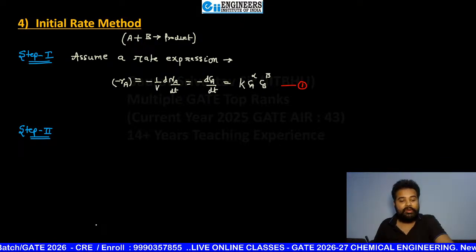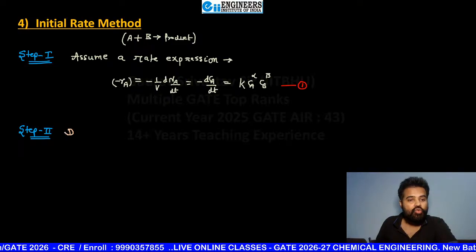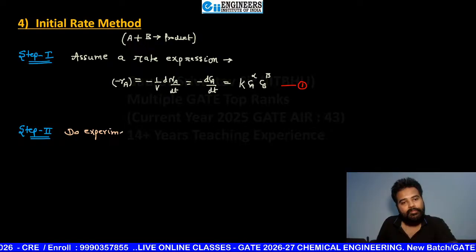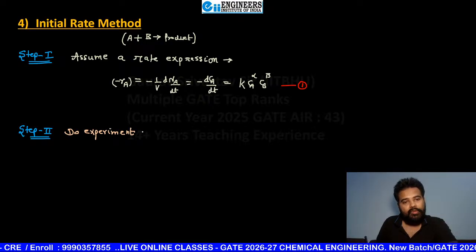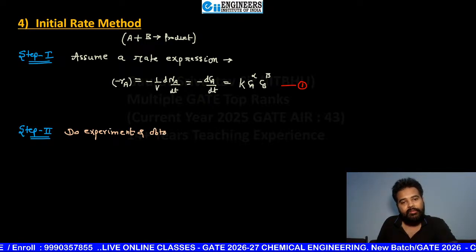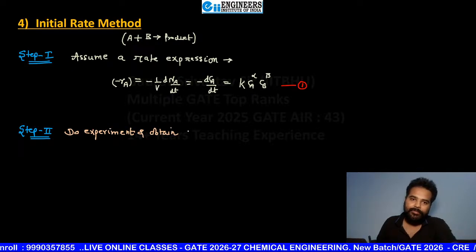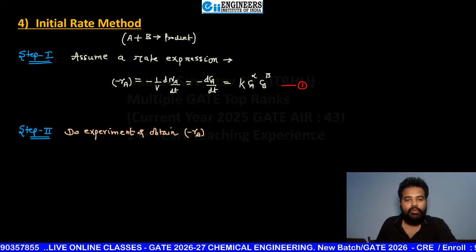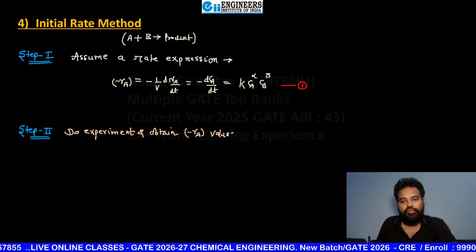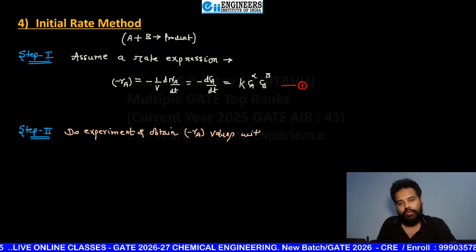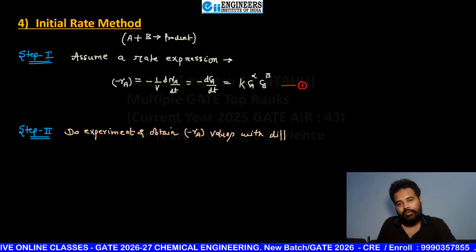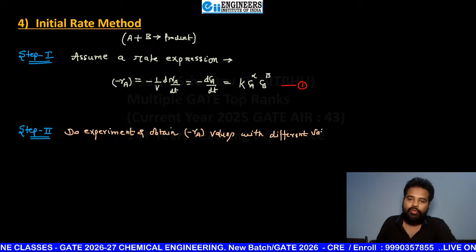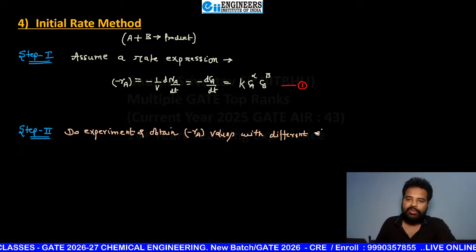So in step number 2, do experiments and obtain rA values with different initial concentrations.